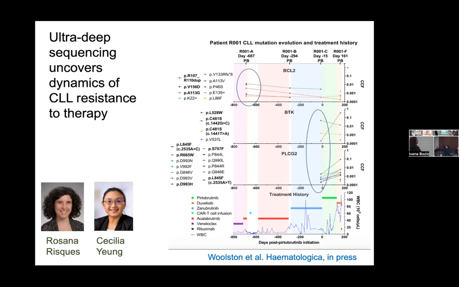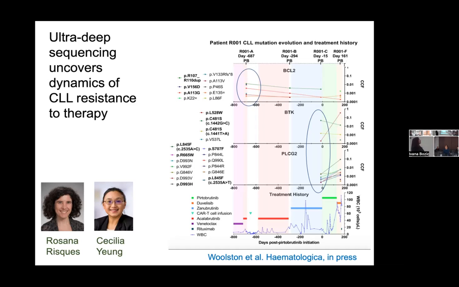What is interesting here, and kind of matches with our theoretical predictions from many years ago, is that after treatment with BCL2 inhibitor venetoclax, we start seeing mutations at very low frequencies in that gene. And one thing I didn't say is that here we did duplex sequencing, which can look at very low frequencies.